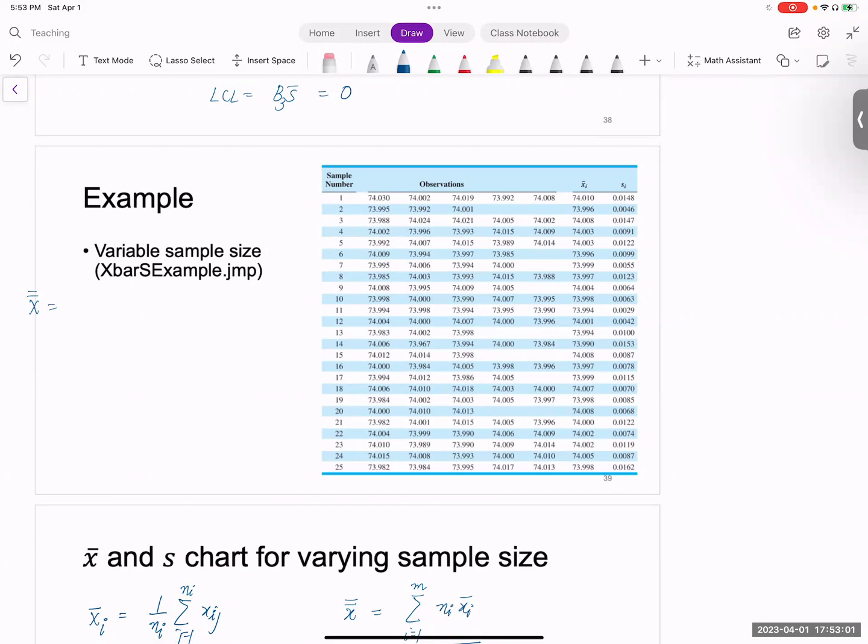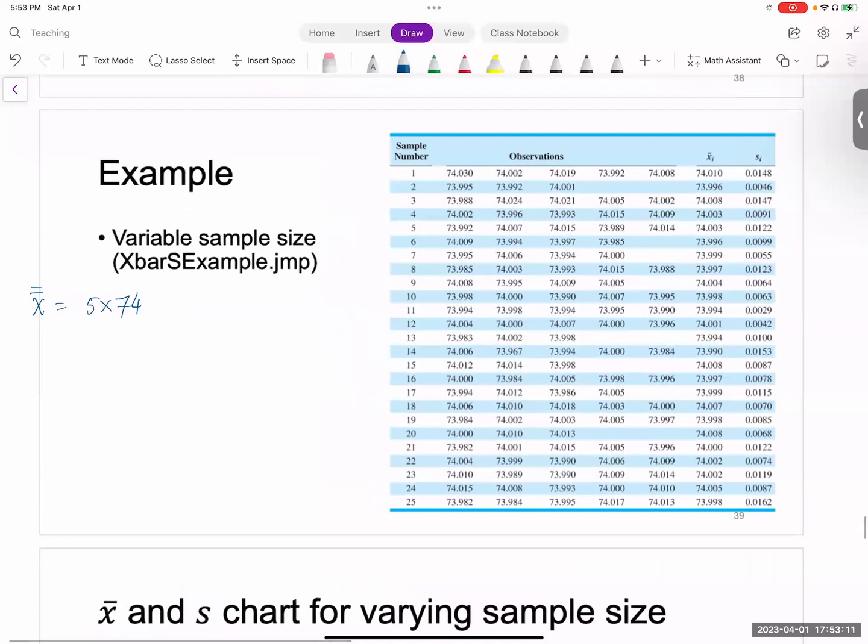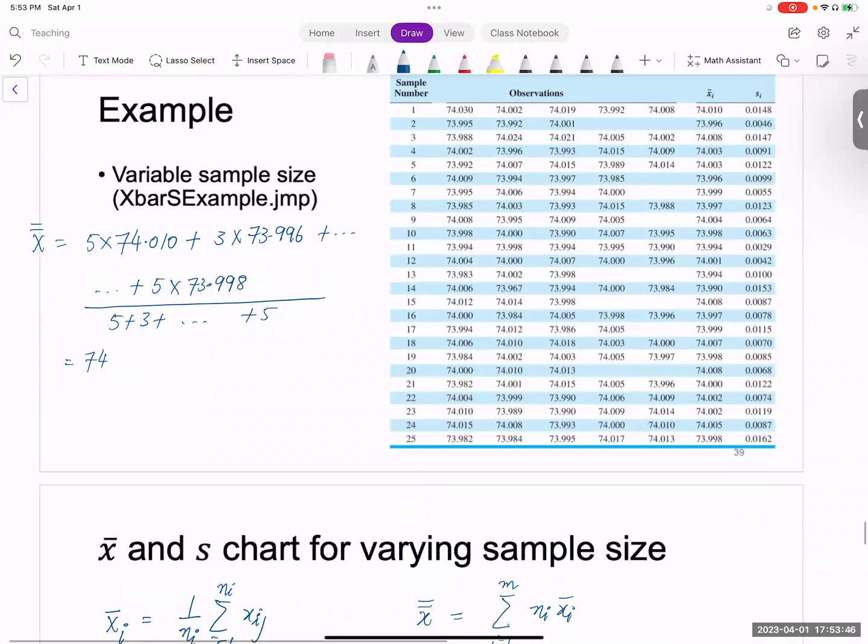You start with the first sample, which has 5 observations, so n1 is 5, so 5 times 74.010, plus sample 2 has 3 observations, so it is 3 times 73.996, plus dot dot dot up to the last sample, which has 5 observations, 5 times 73.998, and then you divide this by 5 plus 3 plus dot dot dot up to 5. For this problem, it will give you 74.001.